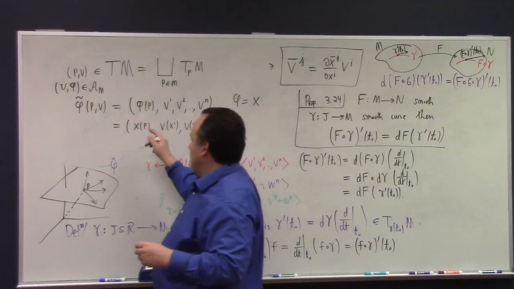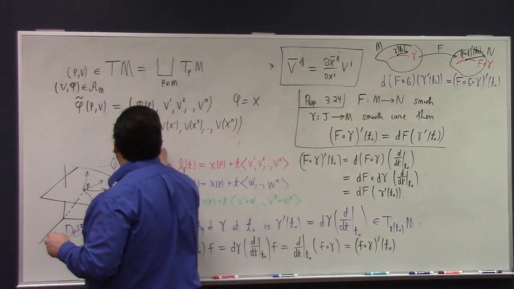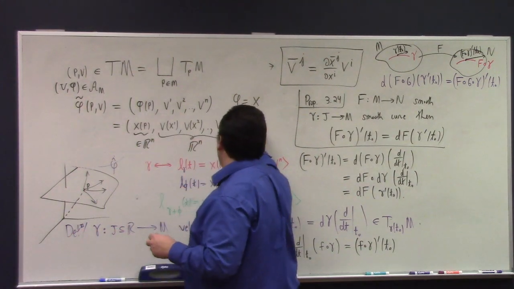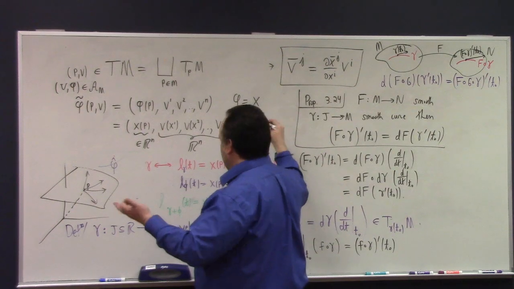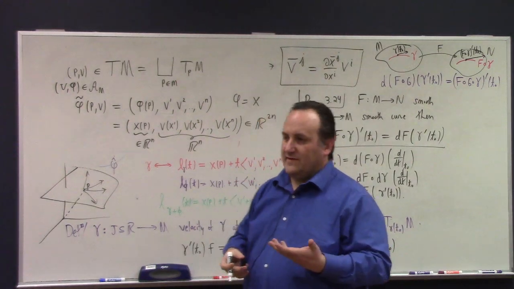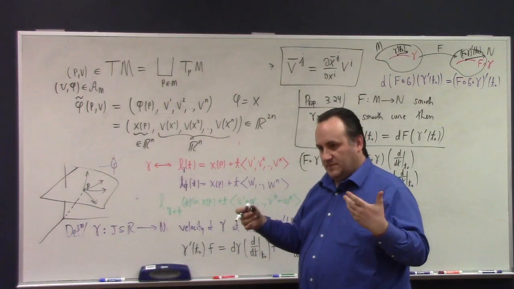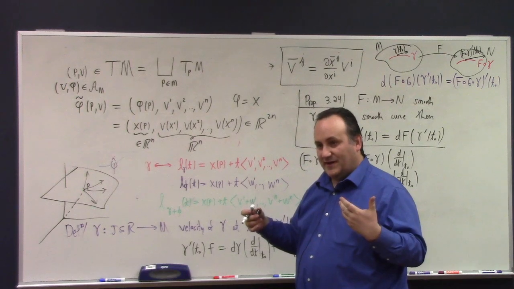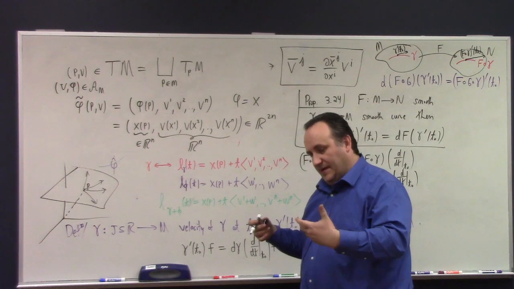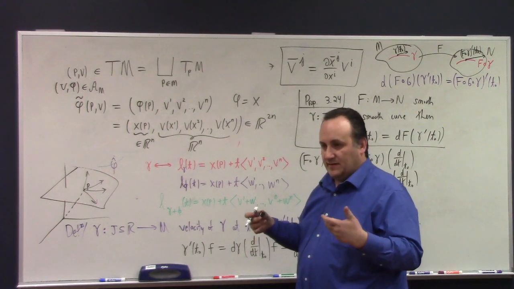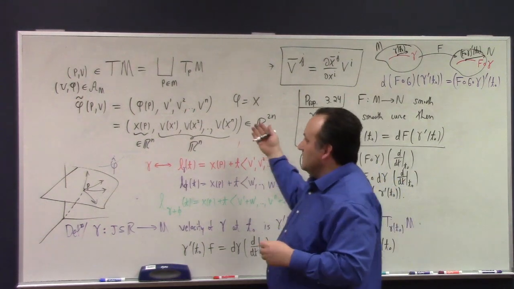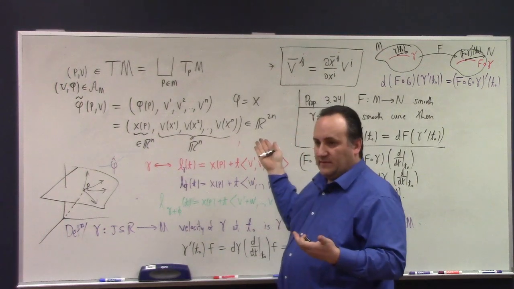So this right here is in Rn. This altogether is also in Rn. So what are we looking at? We're looking at n plus n, 2n. So the tangent bundle to a manifold is a manifold of twice the dimension of the manifold in its own right. And John Lee carefully explains why it has all the necessary topological properties. It's Hausdorff, and these give you local homeomorphisms to R2n.